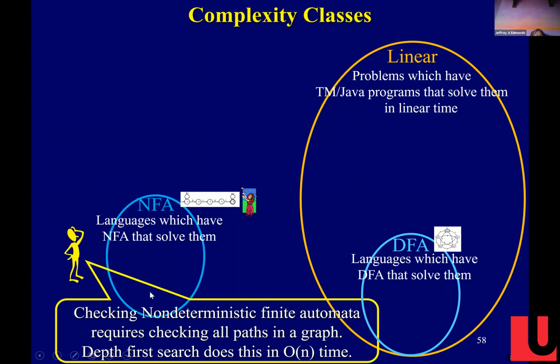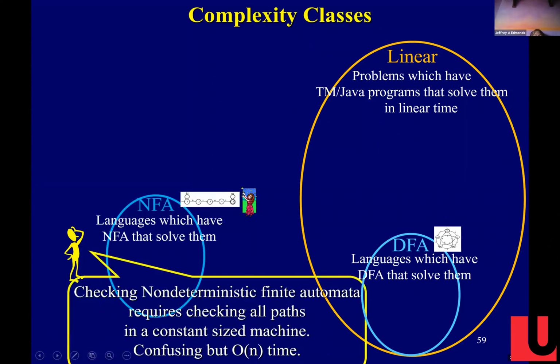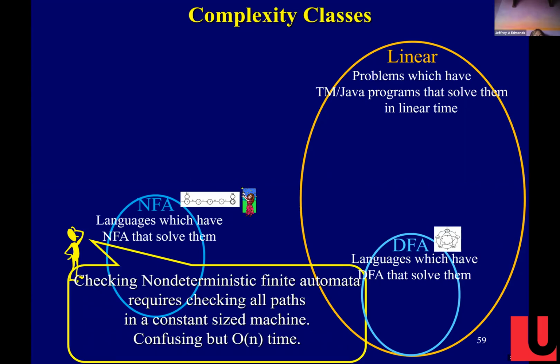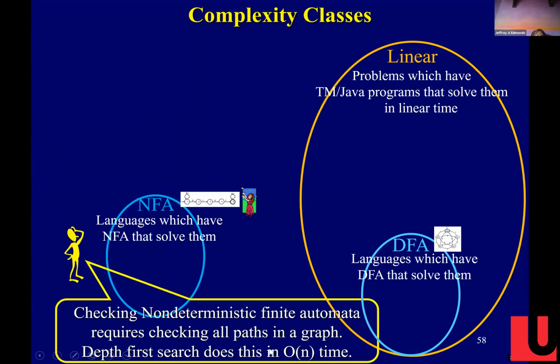First off, if an NFA can do it, then you can do it in linear time, and it's not clear how. You have to do depth first search to find a path.